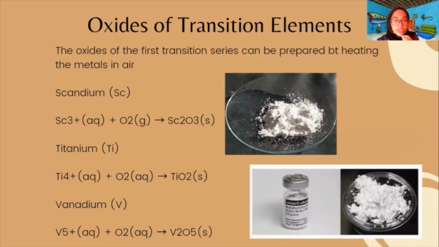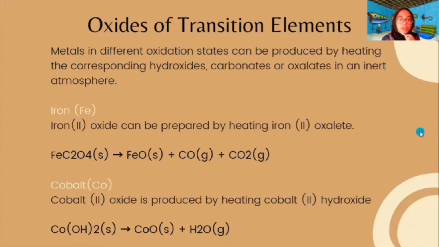The oxides of the first transition series can be prepared by heating the metals in air. For example, heating scandium in air will give scandium oxide, titanium will give titanium oxide, and vanadium will also give vanadium oxides. Metals in different oxidation states can also be produced by heating the corresponding hydroxides, carbonates, or oxalates in an inert atmosphere.